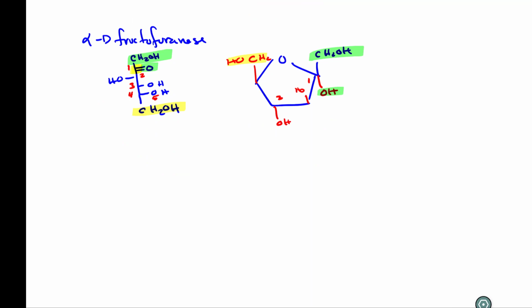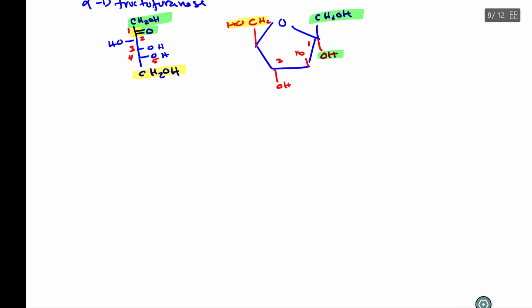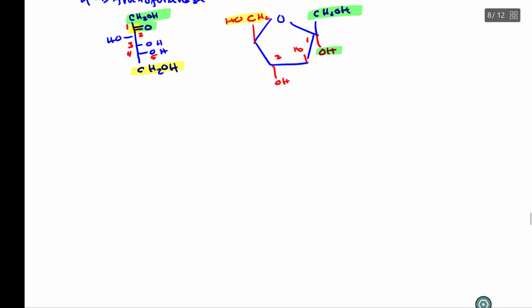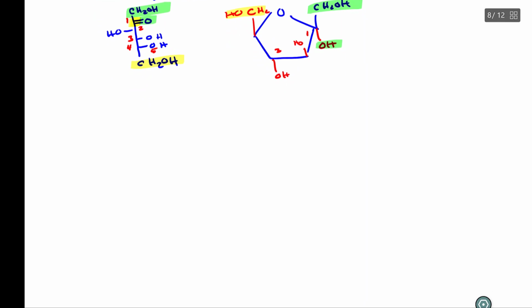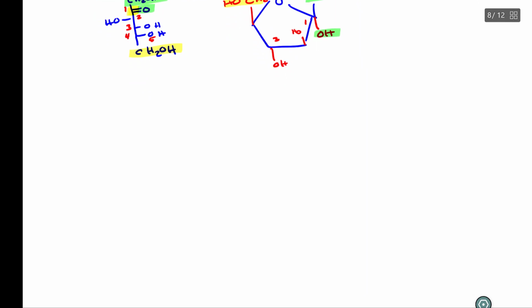So I wanted to show you one other thing, and this is important, because glucose is such an important monosaccharide. I wanted to show you a little bit more of the details of its structure when we draw it this way. To start with, the alpha form is going to be this. So this alpha means it's down, right?